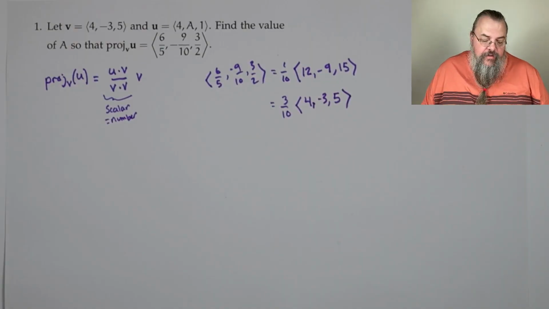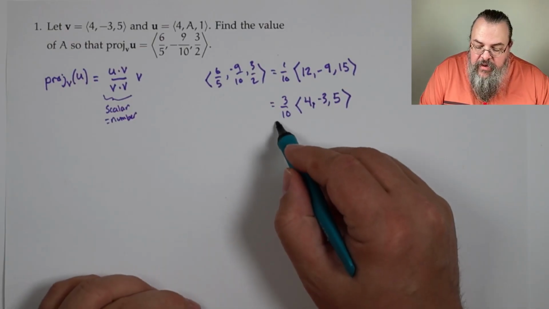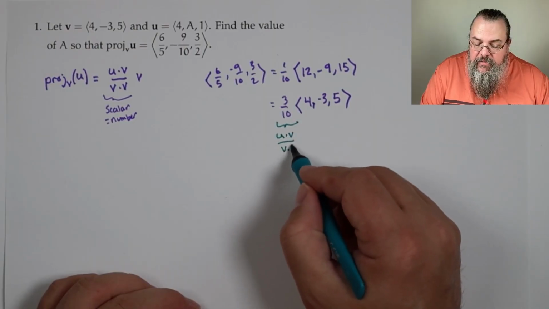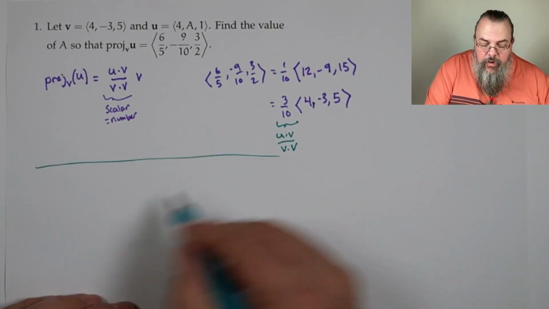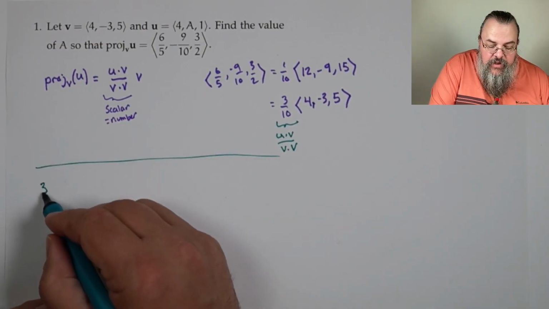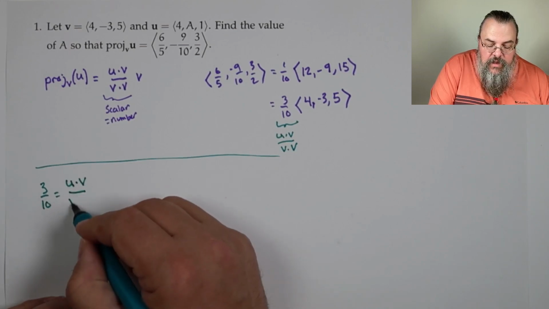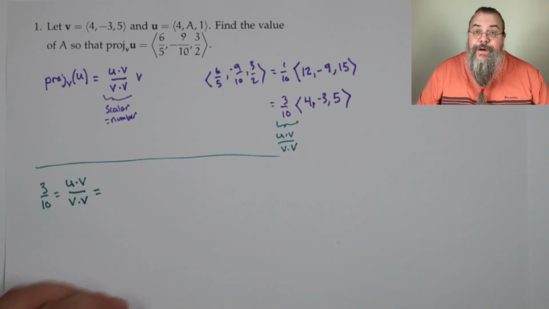Because what does this tell us? Well, it tells us now that this number, this 3/10 here, has to be the U dot V over V dot V. All right, so let's update. We now have that 3/10 is equal to U dot V over V dot V. And now we're ready to do our dot products.